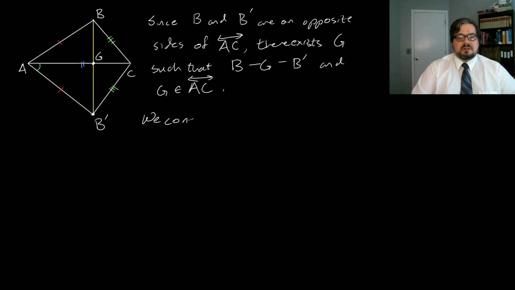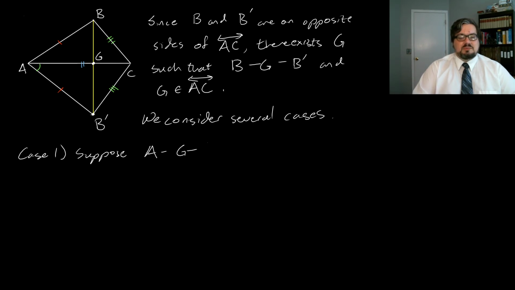So we consider several cases. We need to consider all the cases, but we're going to break the problem up into several cases. So case 1, let's suppose that G actually lies between A and C, the situation we have here.